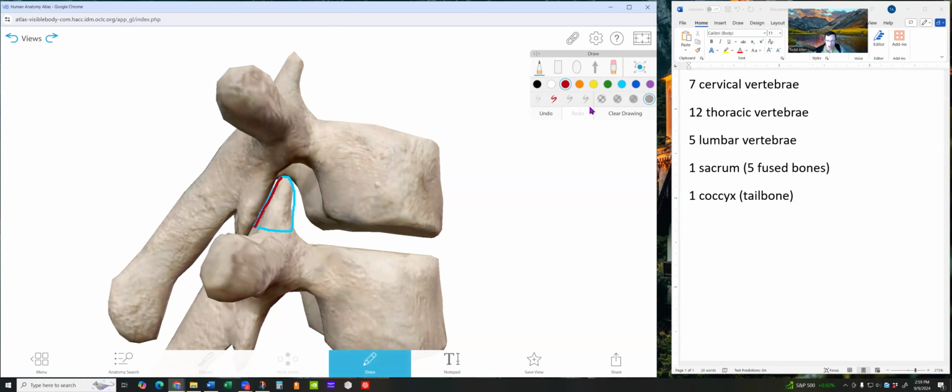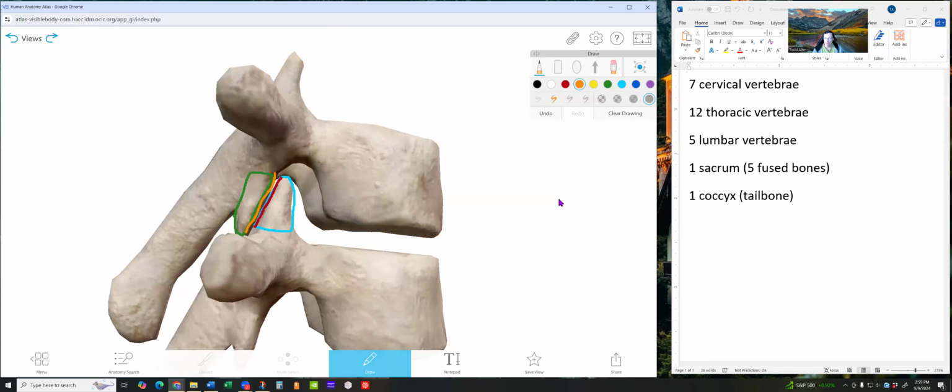The vertebra on top of it has its inferior articular process here. And the inferior articular process has its facet, or inferior articular surface, right here.